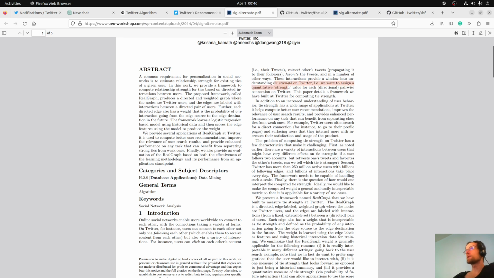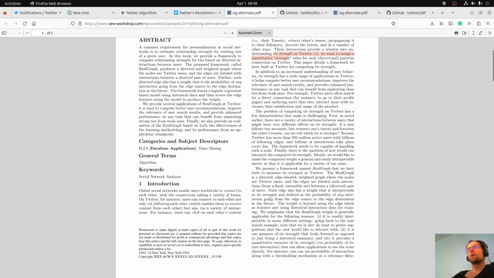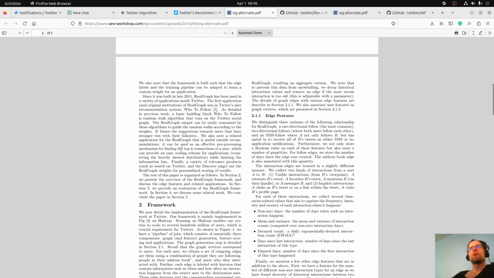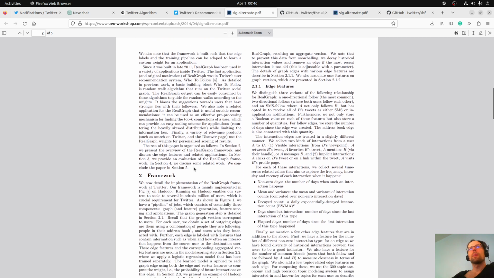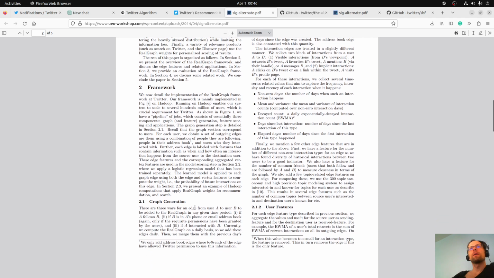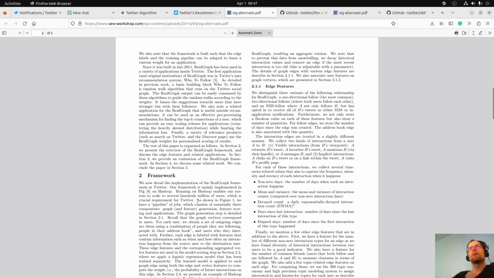You don't want to treat them as the same. The idea here is good. Okay. I wish they would talk less about the implementation details and tell me what exactly it's doing. Okay, let's look at edge features.